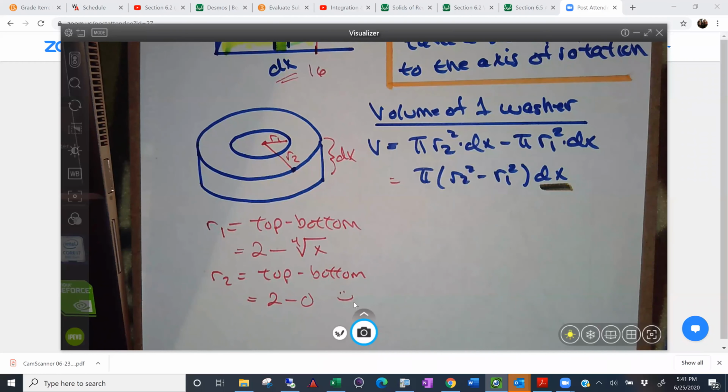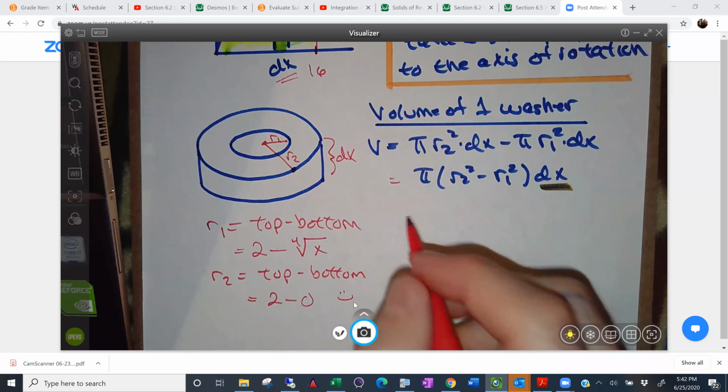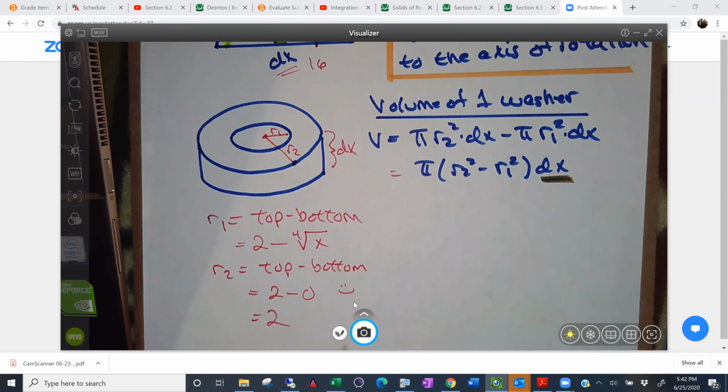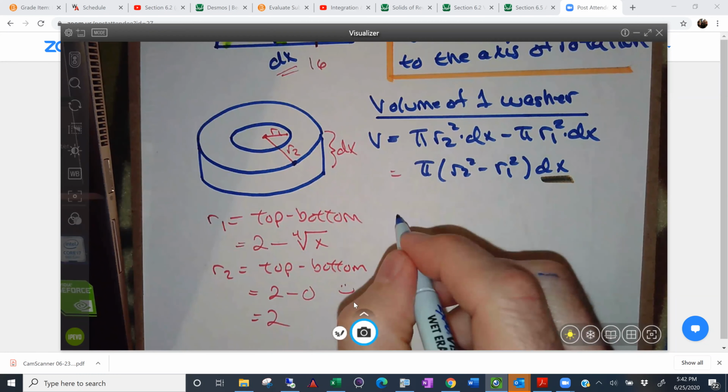Somebody started to say something. Yes. So we're doing okay here? All right. So top minus bottom. This is just going to simplify to 2. So that's really nice. That's going to be helpful when we plug it into our formula.